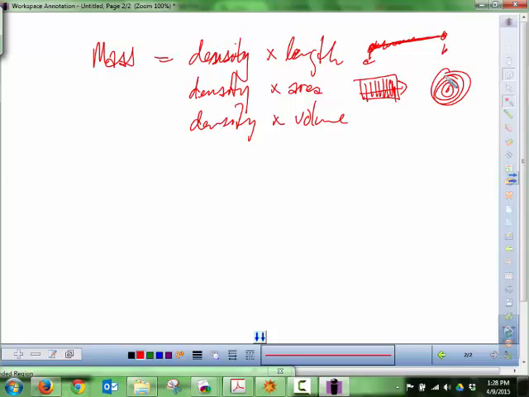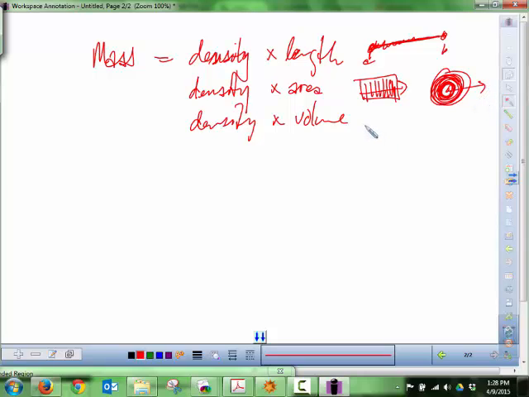That assumes the density at one radial distance is different from the density at another radial distance, but it's the same if you're walking along that circle. So this is, again, a one-dimensional treatment of density.